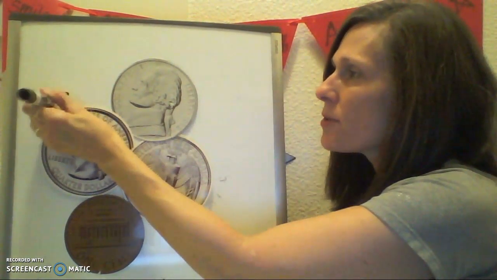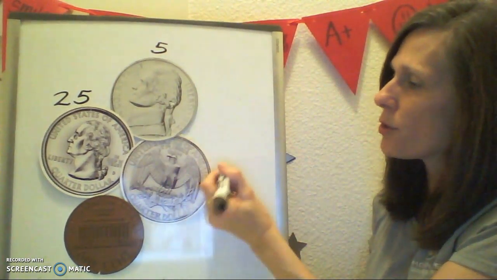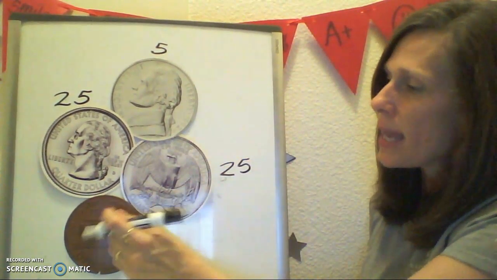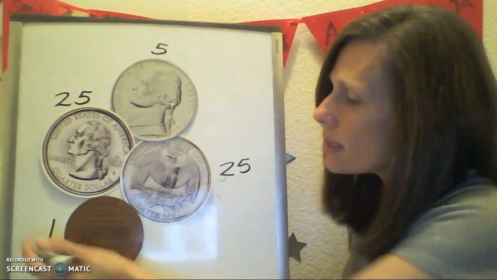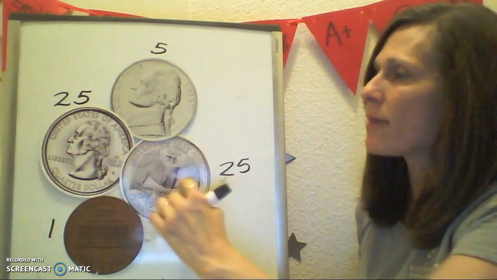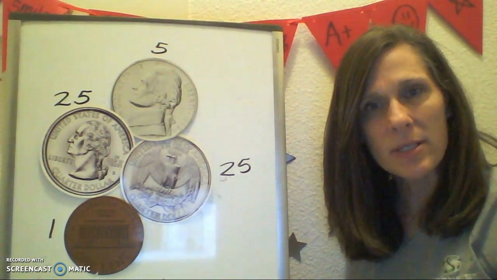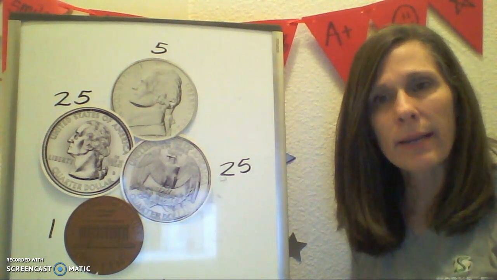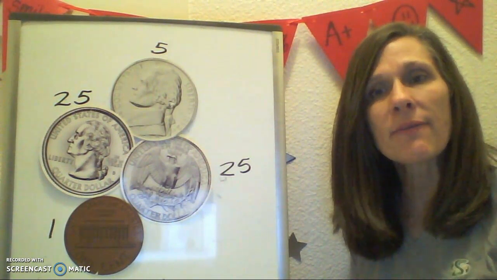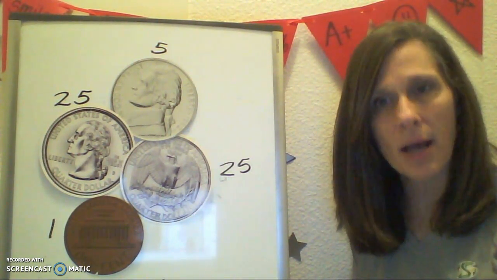So a quarter is worth 25 cents, a nickel is worth 5 cents, a quarter is worth 25 cents, and a penny is worth 1 cent. Oops, let's put that over here so you can see it. All right, so I notice I have 2 quarters, so I'm going to start with those. Now, I hope you remember when we talked at school, we counted by 25s. 25, 50, 75, 100.